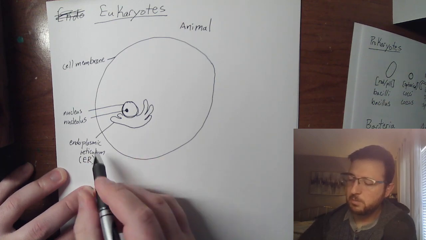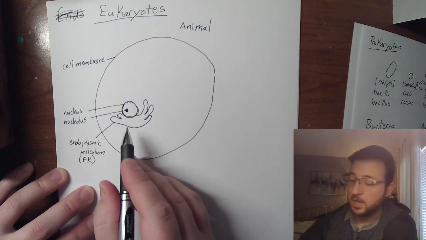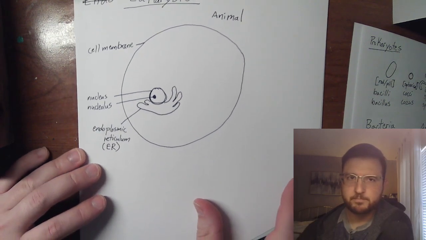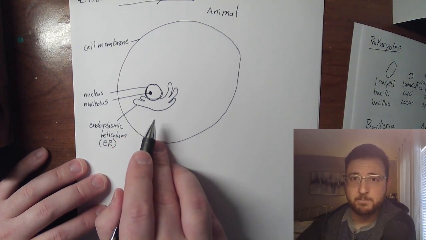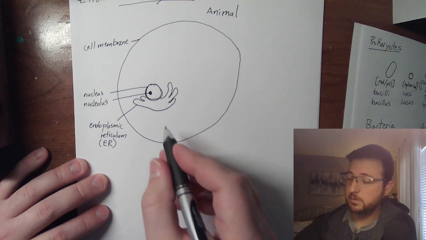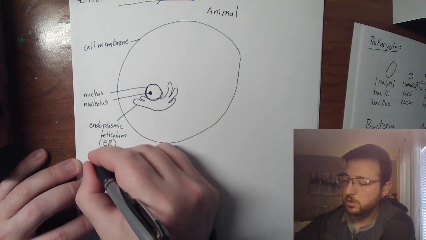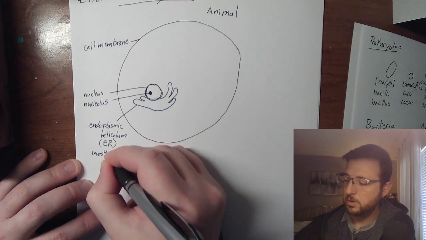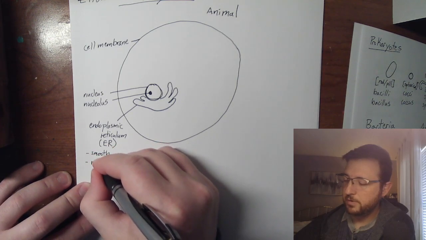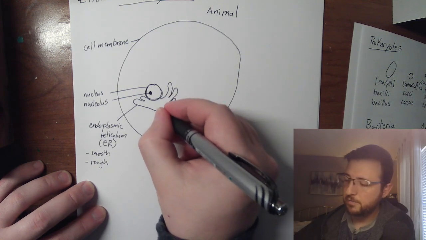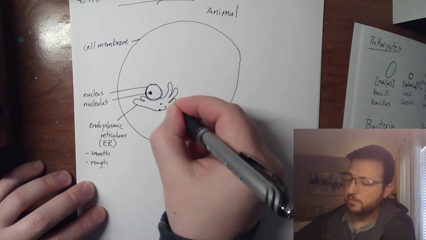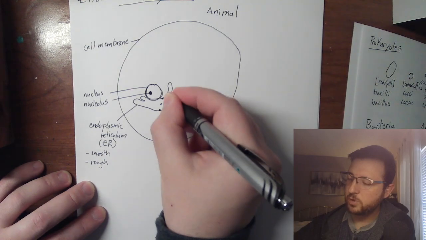Don't confuse it with the emergency room, though. Now, the interesting thing about the endoplasmic reticulum is there are two kinds. There's the smooth and the rough. The smooth looks smooth, and the rough looks rough. So on one half, draw little dots.